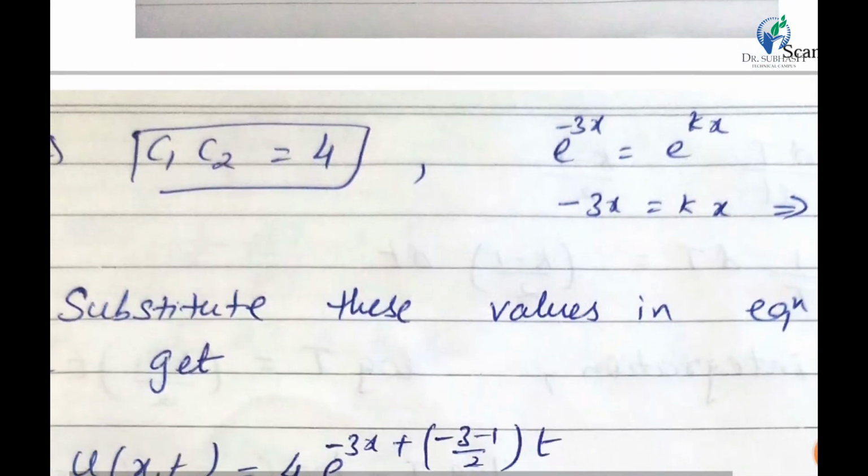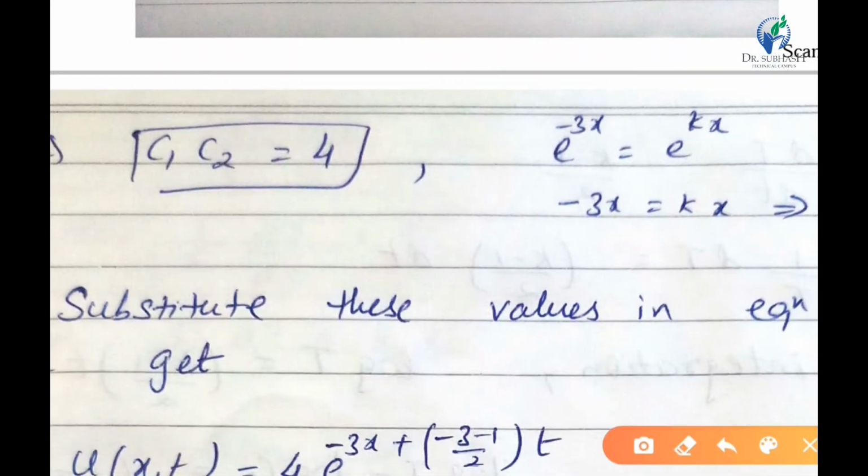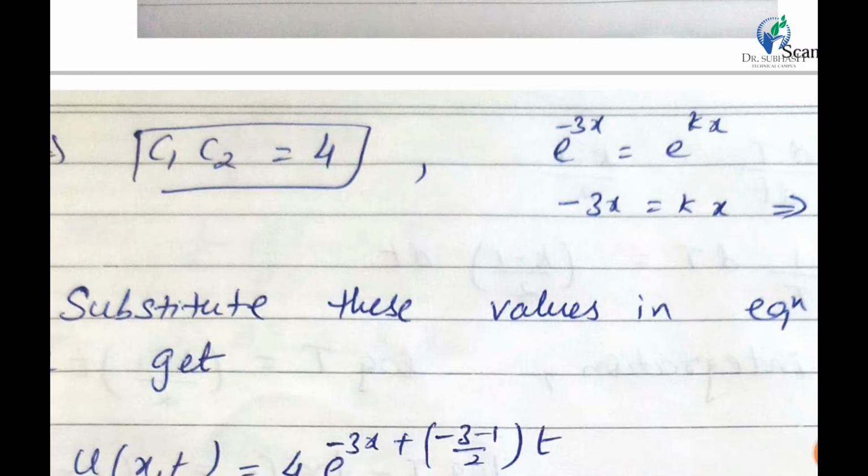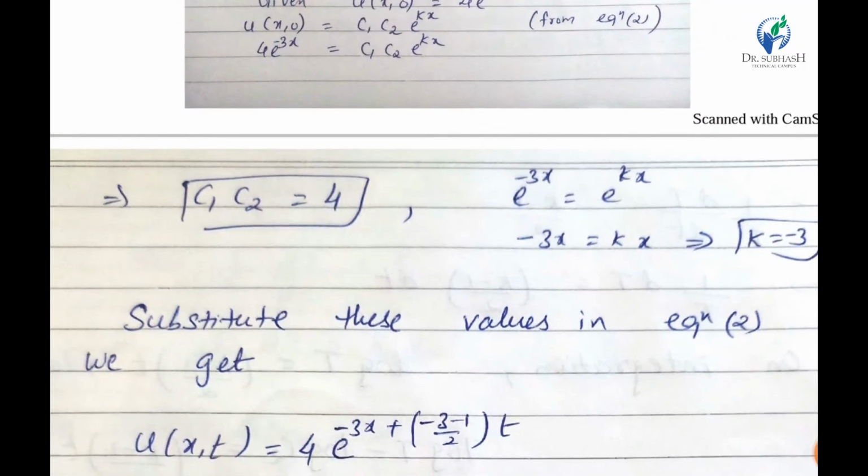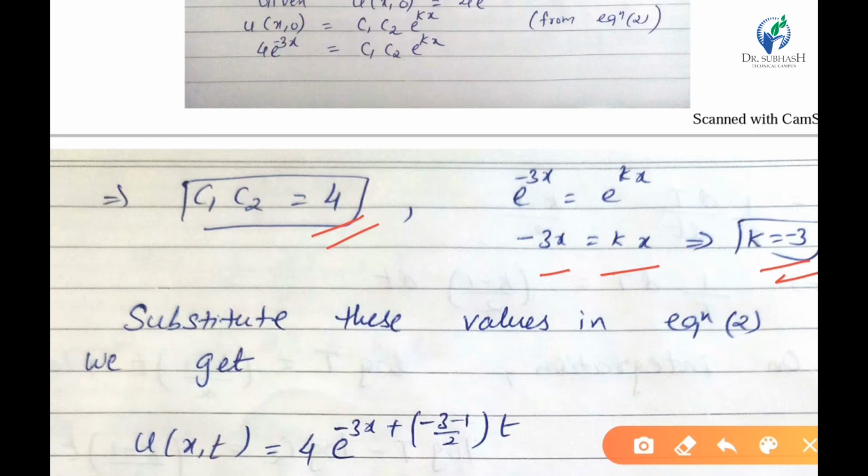Comparing the constants, we get c1 c2 equal to 4. Okay, by comparing the constant we get c1 c2 equal to 4. Now we will compare the exponential power. We get minus 3x equal to kx. So we get here k is equal to minus 3. Now we will substitute these values in the obtained solution, that is equation 2.